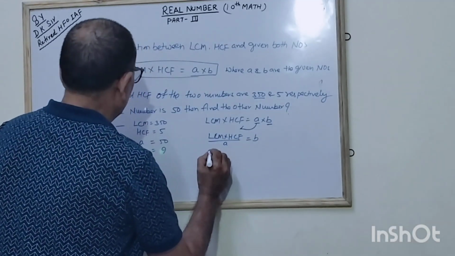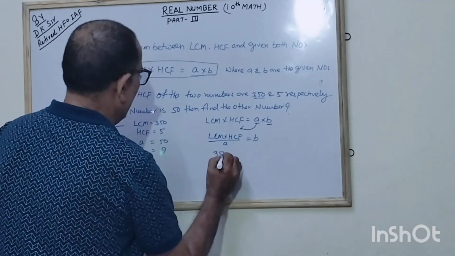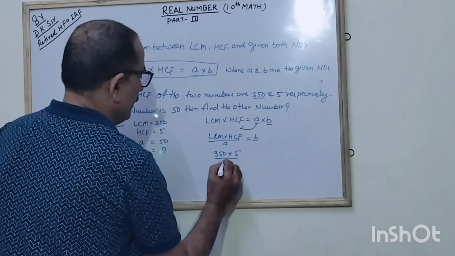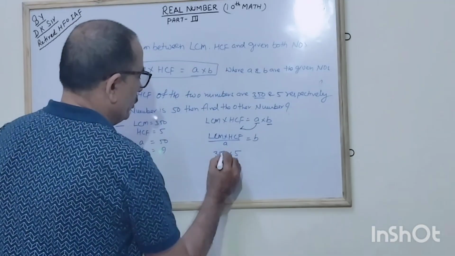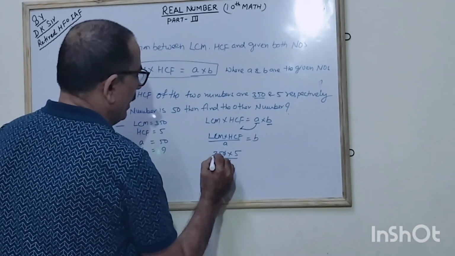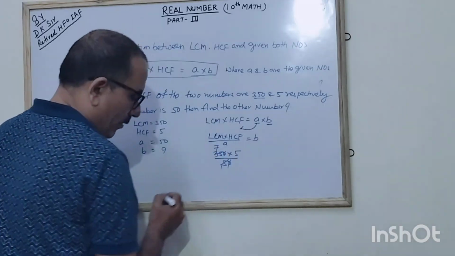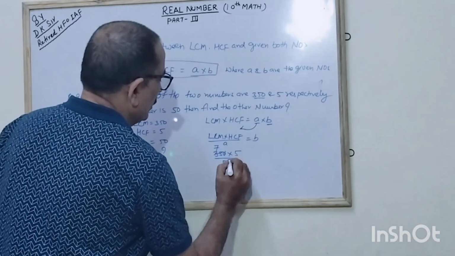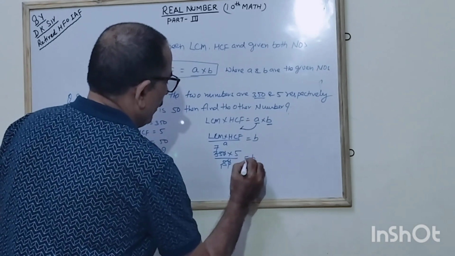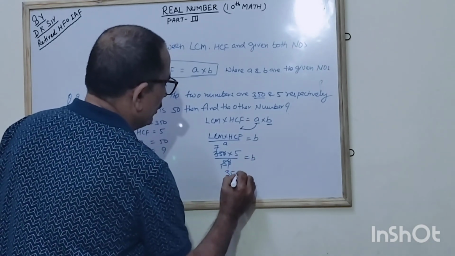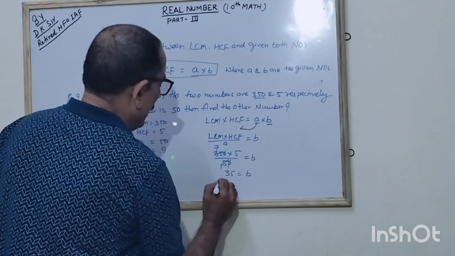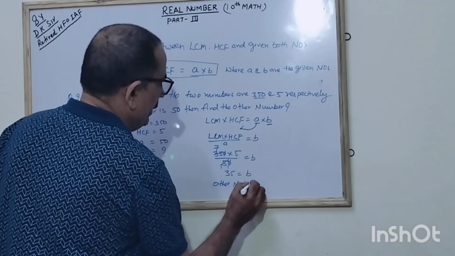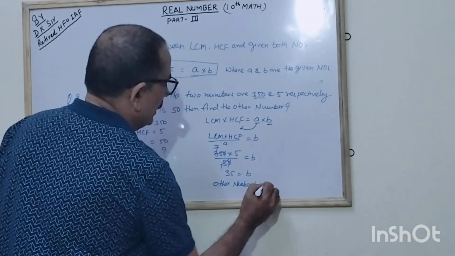Put in the values: the LCM is 350 multiplied by 5 divided by 50. So the zeros get cut. 5 1s are 5, 5 7s are 35. So the other number, that is B, is equal to 35.